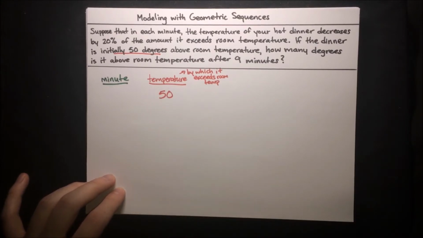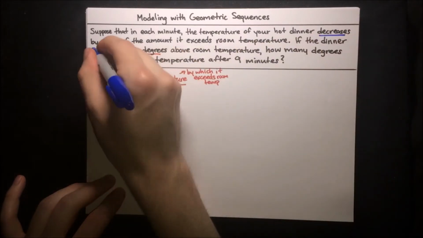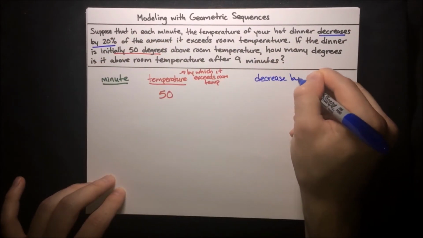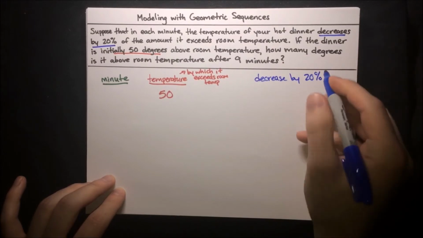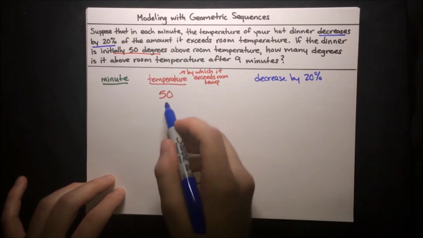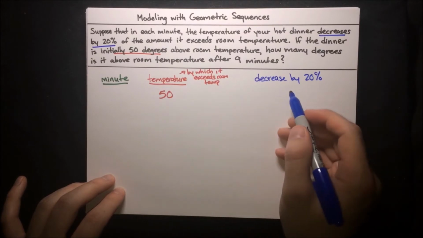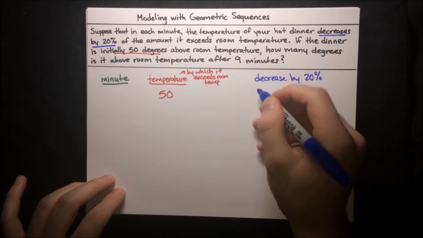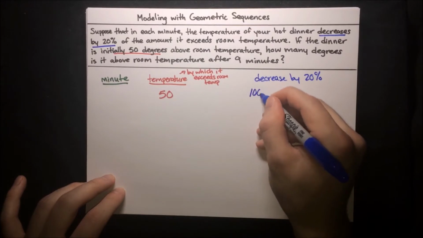Alright, so let's think about that. Decreasing by 20%. It'd be a lot easier if we could just multiply some proportion of this number. And indeed we can. Decreasing by 20% is the same as taking 20% away from 100% of it.